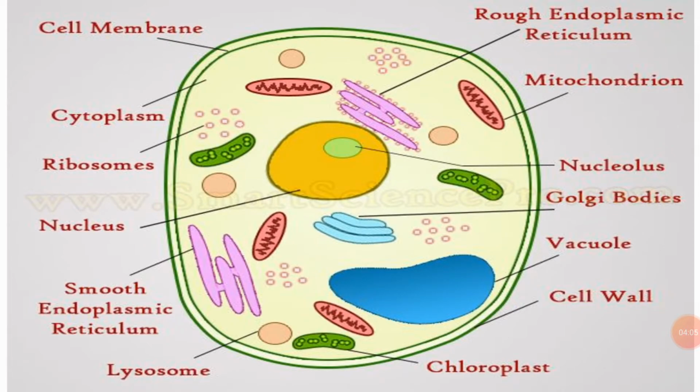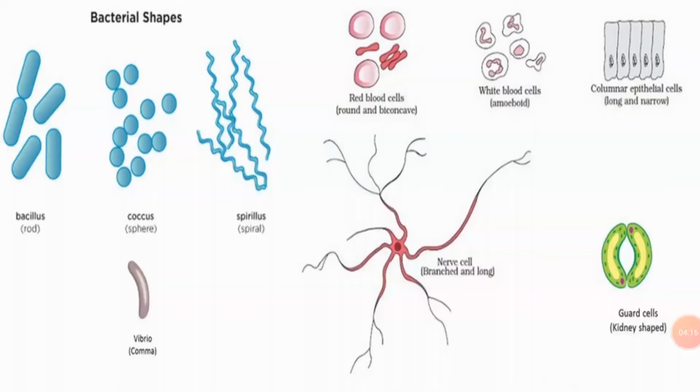If we are looking into other cell parts, there are many other cell parts and they are specialized for their specific functions. Now look at this slide. Bacterial shapes are represented here. What is bacteria?